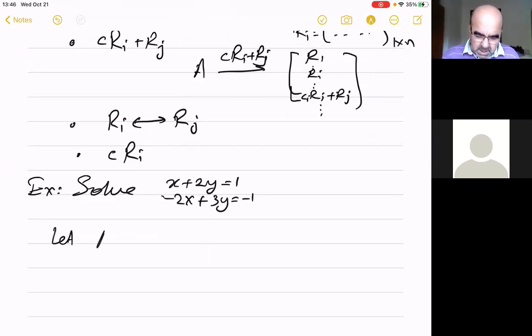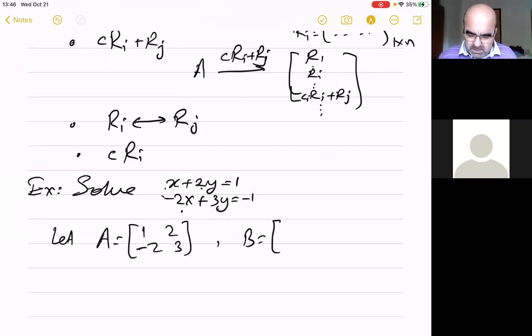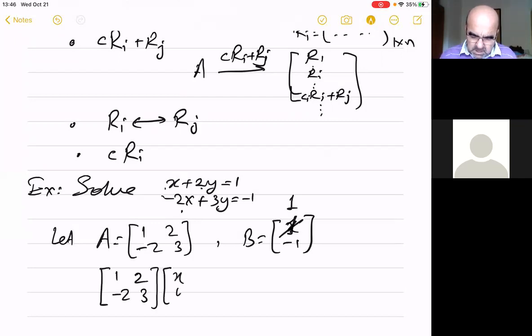If you say this matrix A is 1, 2, minus 2, 3, these are the coefficients, and B is the other side, 1, minus 1, then we can write the system as 1, 2, minus 2, 3 times x, y is equal to 1, minus 1. We want to solve this equation.